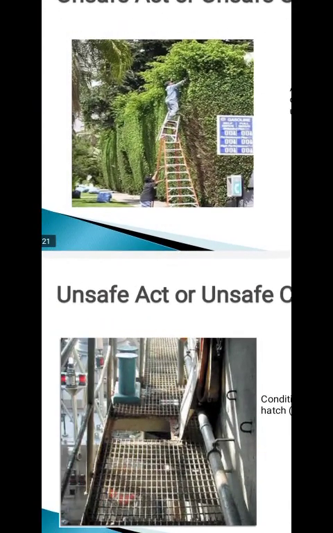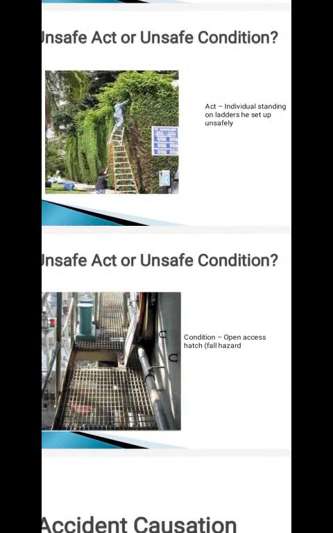So we have this next picture, two workers at height, one is at height, one is holding the ladder. This is an unsafe act because the ladder is not stable, and the one at height is likely going to slip and fall. It's a scaffold that's supposed to have been used instead.